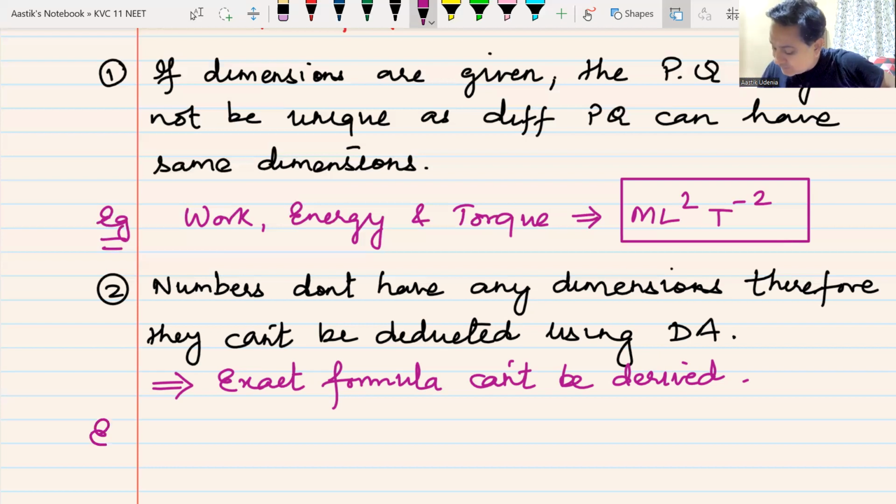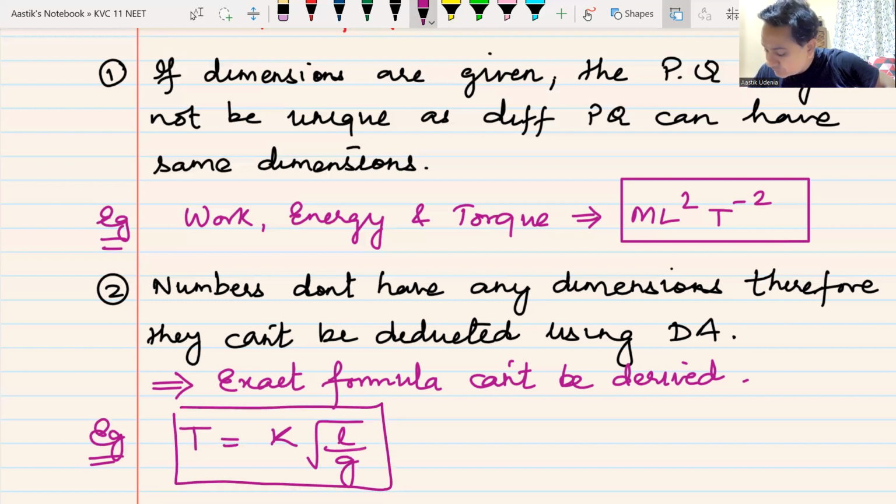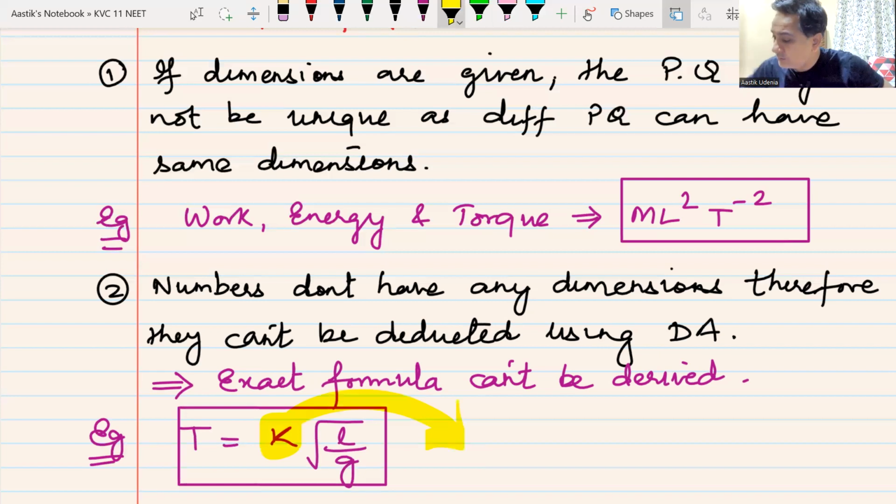The example for this is very simple. T is equal to K times root over L by G. We had done this question, yes or no? We had derived this formula for time period. In this, your K is a number that cannot be found.